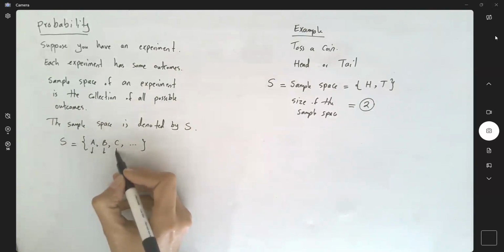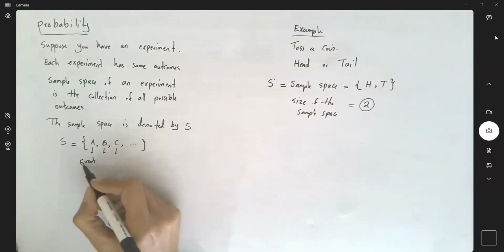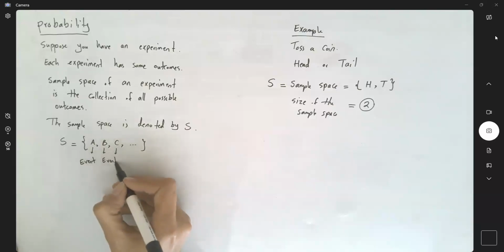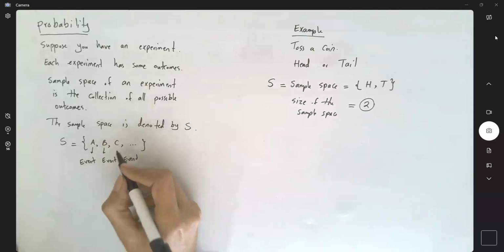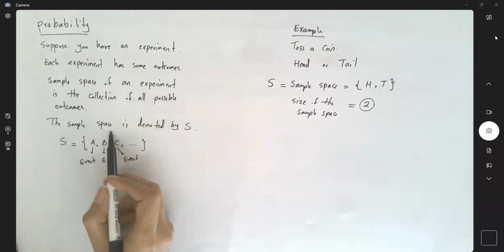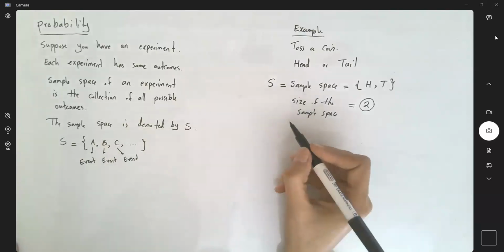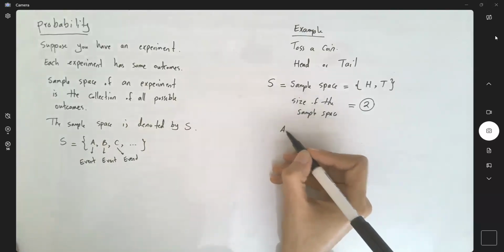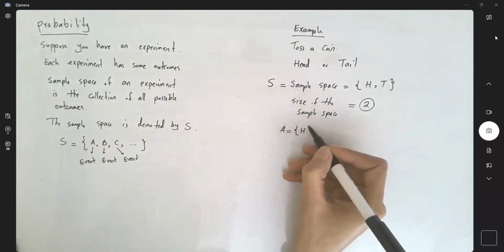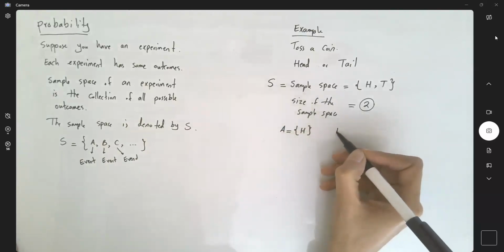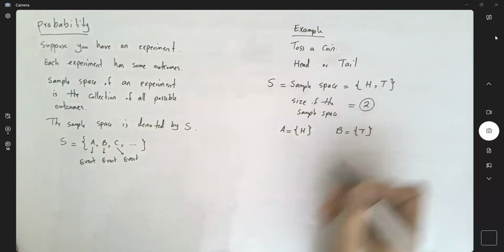A, B, C, these are all events. Event 1, event 2, event 3, and so on. So a sample space includes some events. For example, if I ask you what is the event here, you can say that the event A includes having a head. Event B is having a tail.